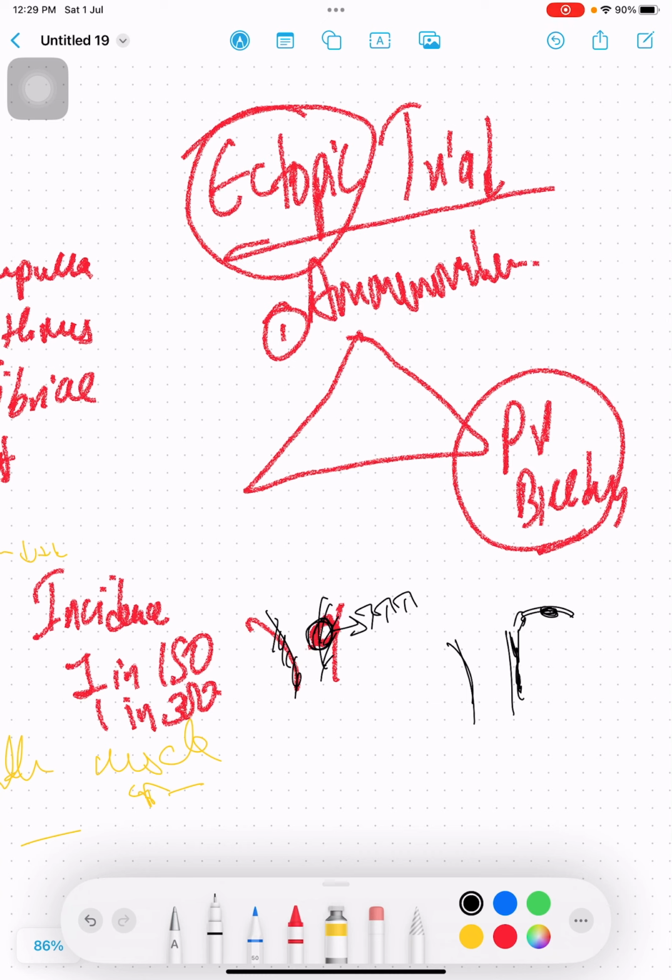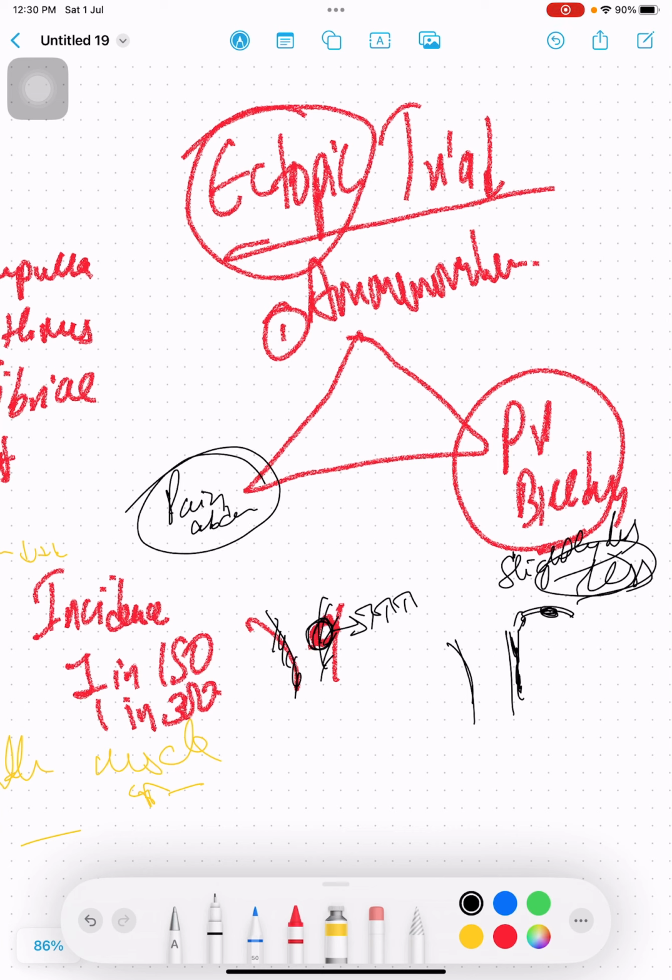That's why the PV bleeding is less than in abortion. The next thing you'll see is pain in the abdomen, which is always because of contractions.